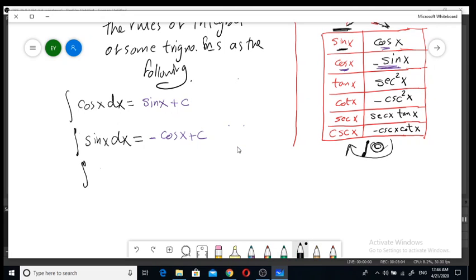And if we need to find the integration of sec squared x with respect to x, if we check the table, the derivative of tan x will give us sec squared x. So if we integrate sec squared x, it will give us tan x plus c.